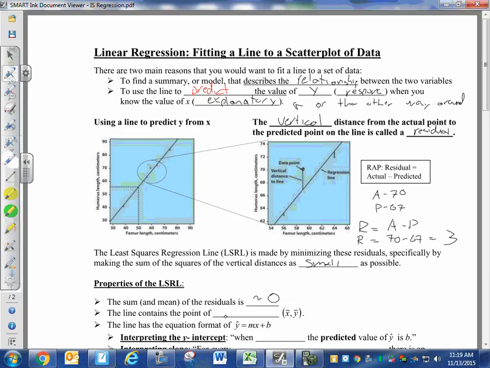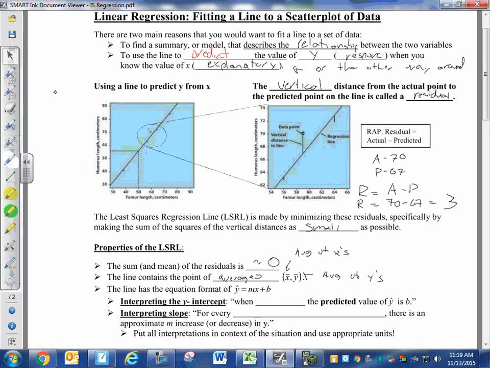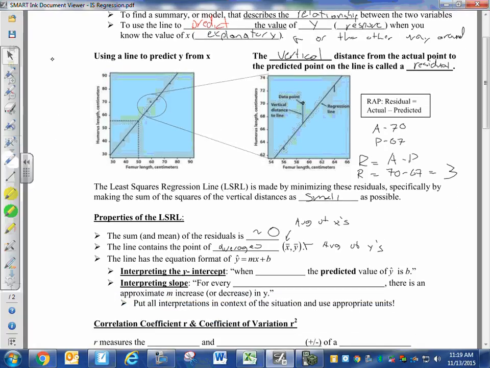The line will contain the point of the means, the averages. So x bar, which would be the average of the x's. Y bar is the average of the y's. Okay, turns out every single line of best fit will have that point, which is very interesting.